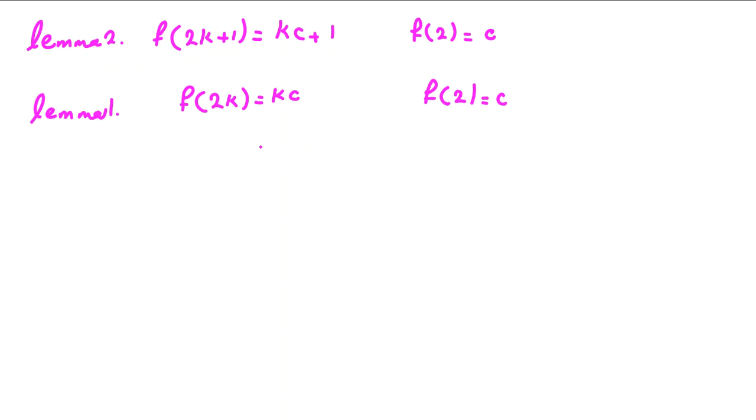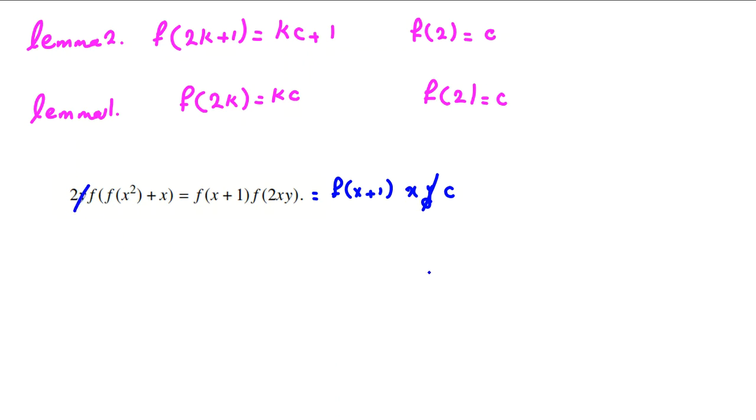Now let's consider the main equation again. Okay, again, we say it is equal to f of x plus 1 times f of 2xy, which by applying lemma 1 is xyc, and you can cancel y here, y here.